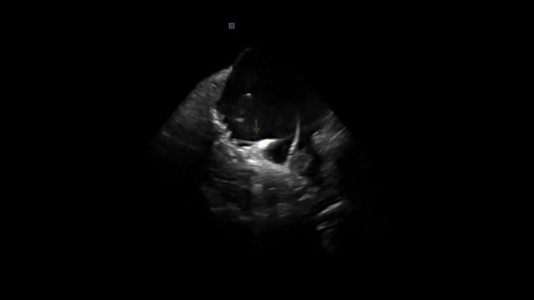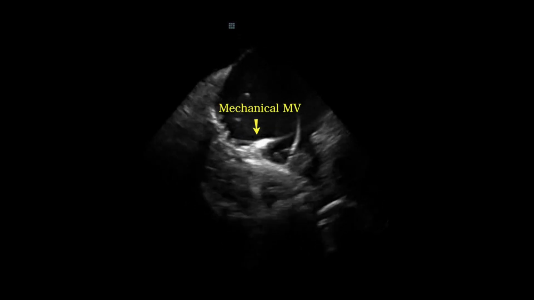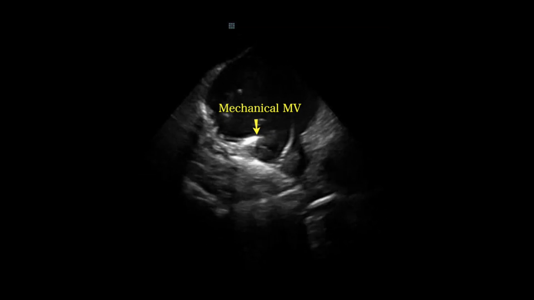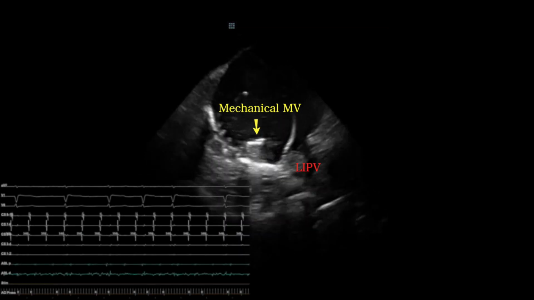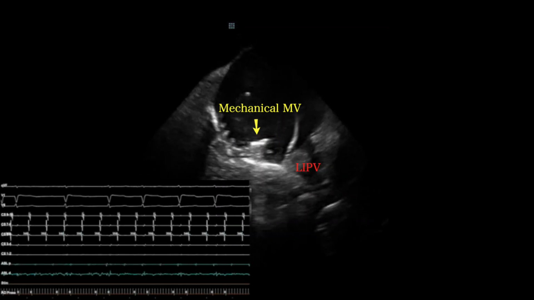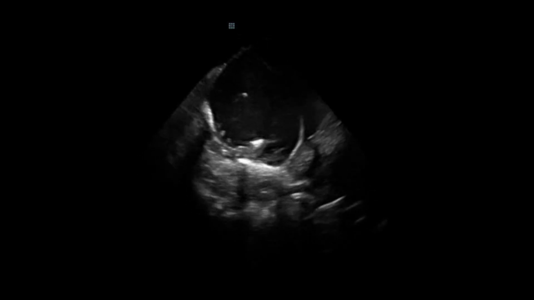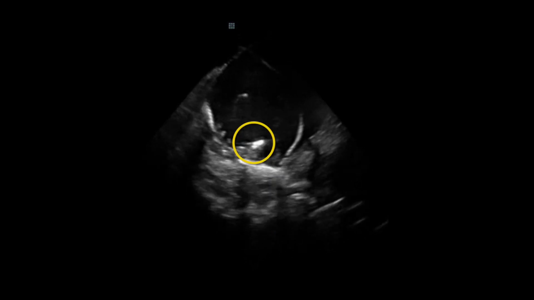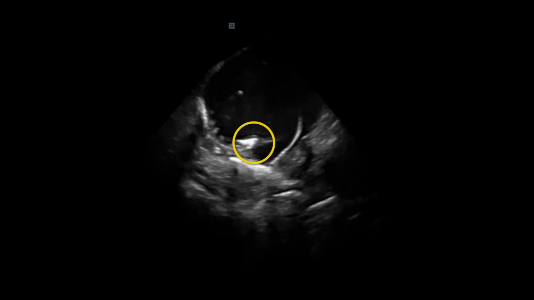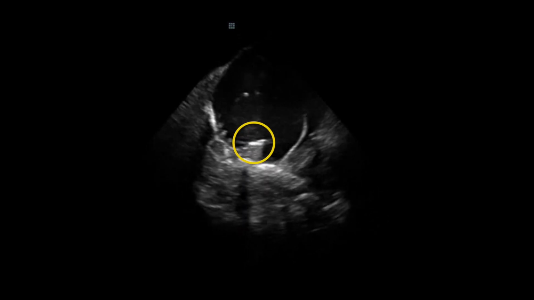And here you can see that mechanical mitral valve, and you can appreciate we are doing a mitral isthmus line from the left inferior pulmonary vein towards the mitral valve. And if you pay attention to that mechanical mitral valve movement during the catheter ablation, you see that it slows down right there.